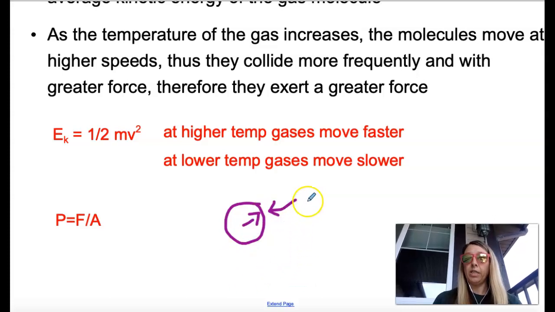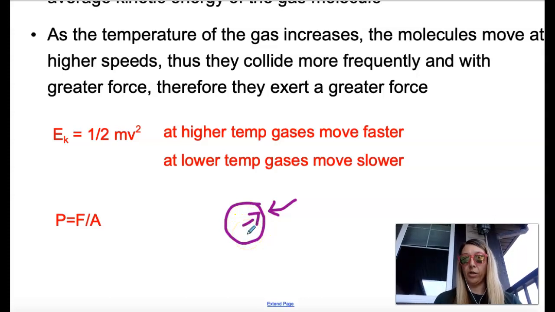But what we find is that if we increase the temperature, the molecules inside of here start moving faster, right? So think about if you get in a car accident going at 10 kilometers an hour versus 100 kilometers an hour. It's going to hurt a lot more when you hit something going at 100 kilometers an hour because there's a lot more force involved. So what we find here is the same is kind of true for gas molecules, although they don't have feelings, at least I don't think they do.